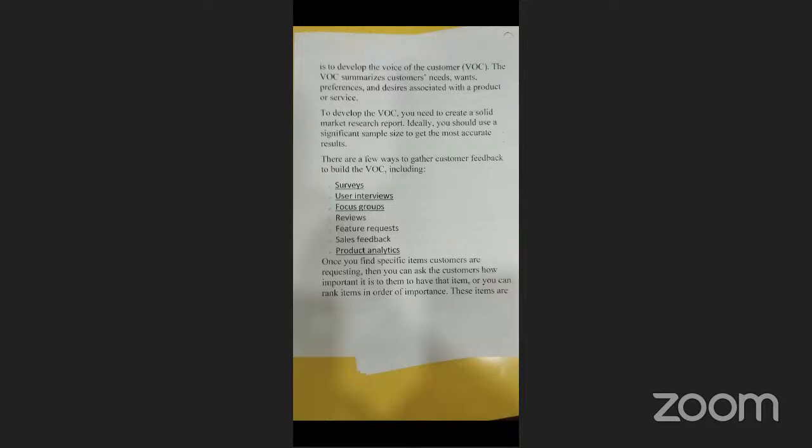On the basis of market research, we are studying the voice of the customers. So how to gather the customers' feedback to build the voice of the customers? Either it is a survey method or user interview or focus group, review.